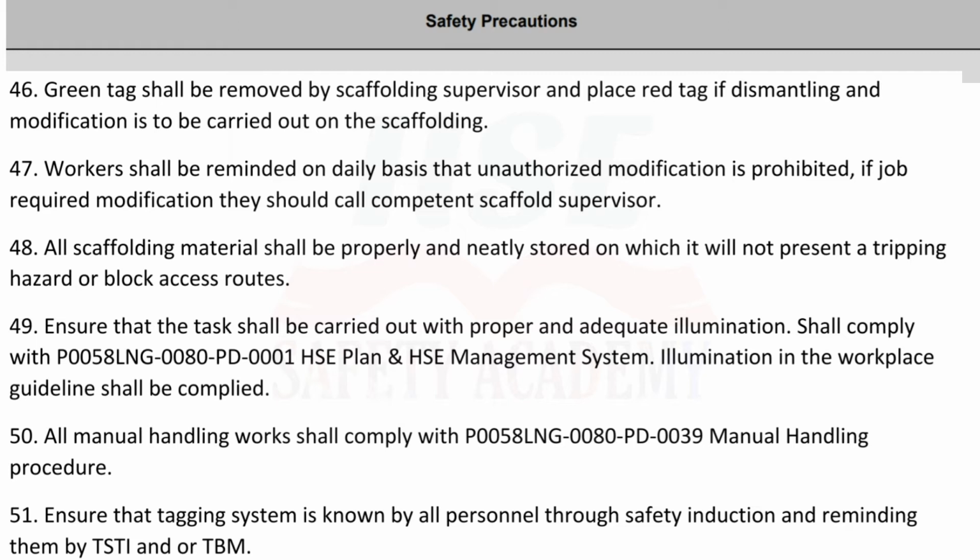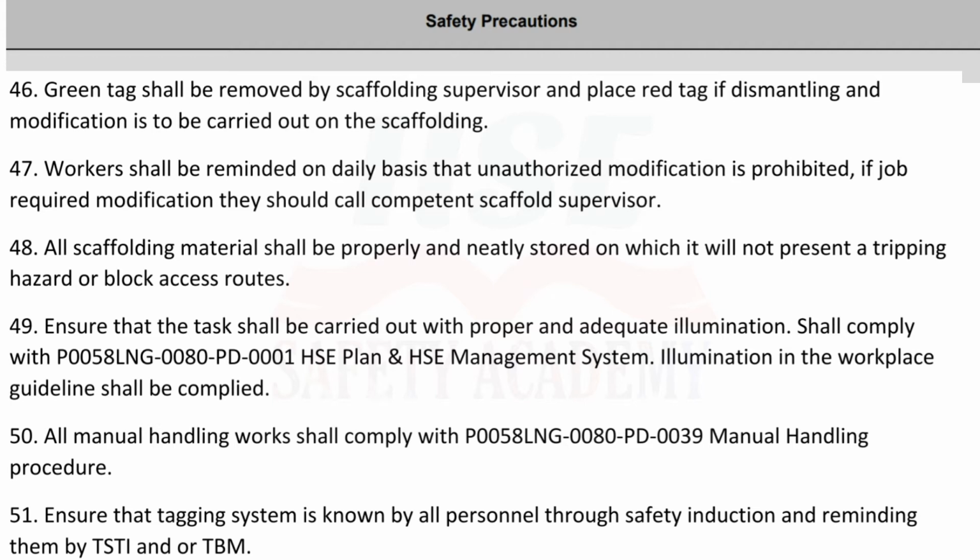If job required modification, they should call competent scaffold supervisor. 48. All scaffolding material shall be properly and neatly stored so that it will not present a tripping hazard or block access routes.